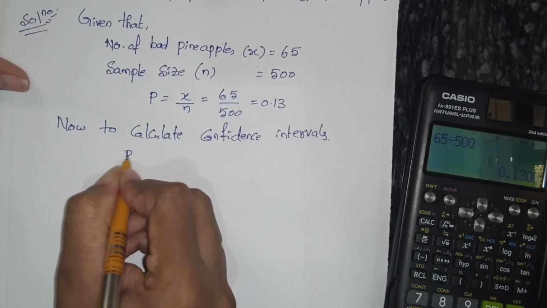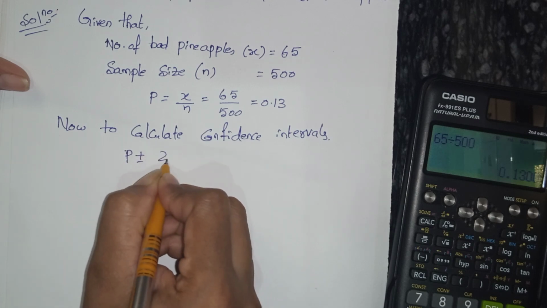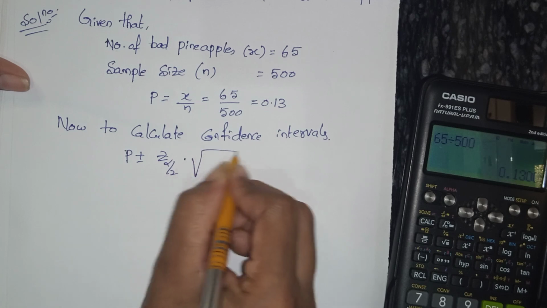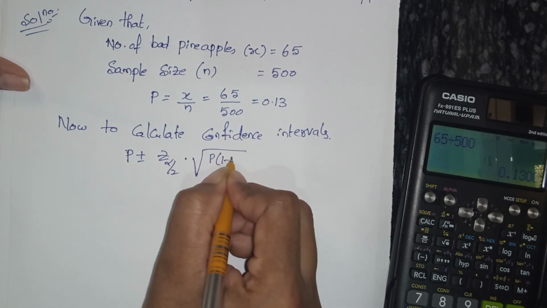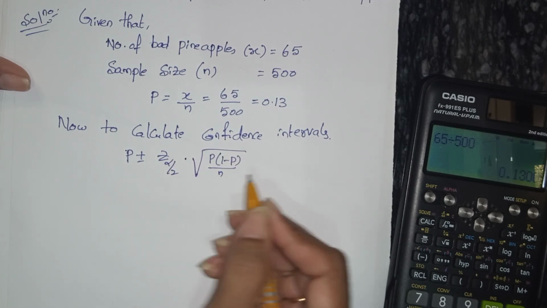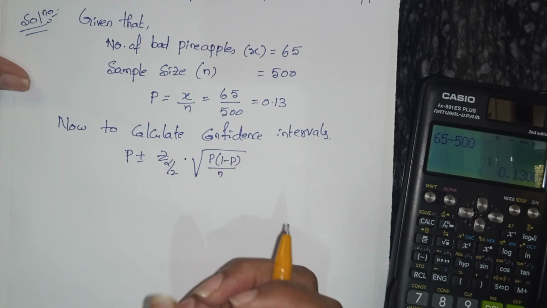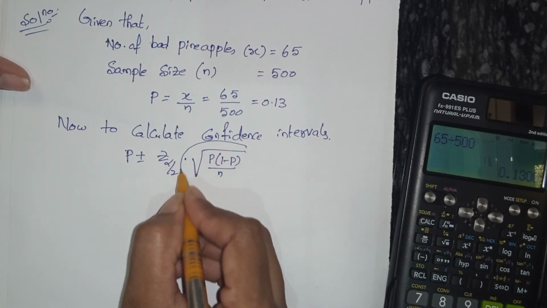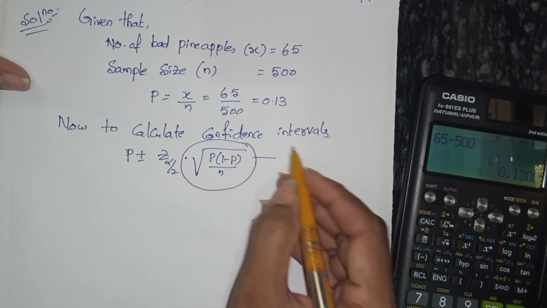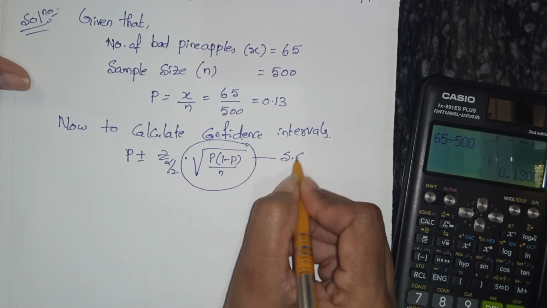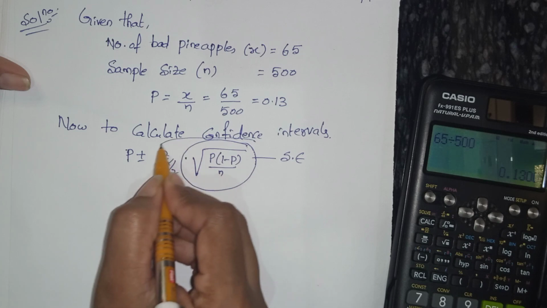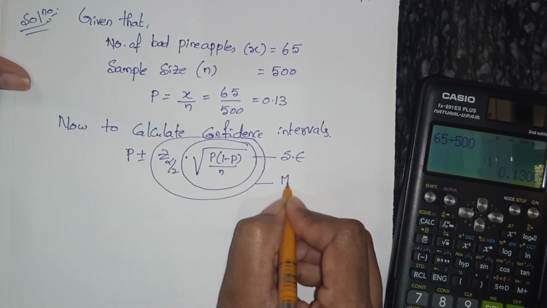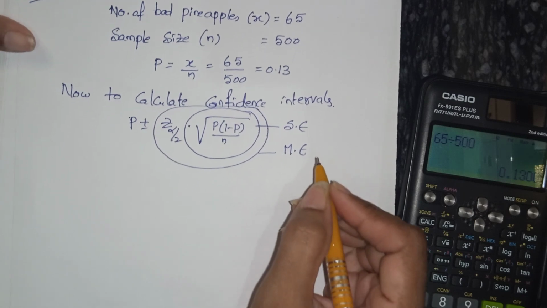P plus or minus Z alpha by 2 into square root of P into 1 minus P by N. If you follow my videos, you will know what this is called. It is called the standard error, and the whole term is called the margin of error.